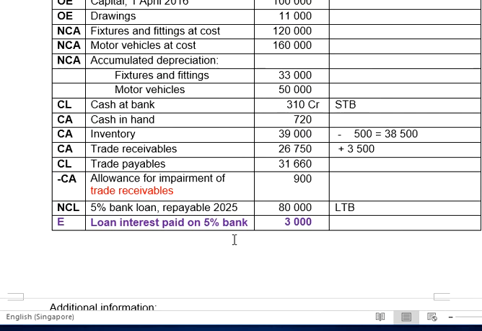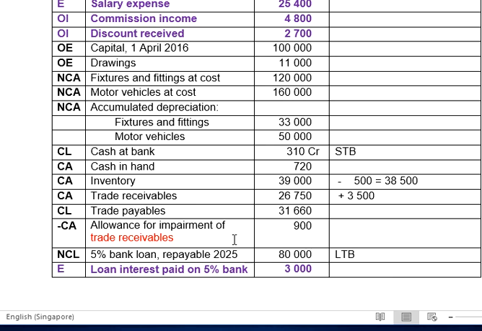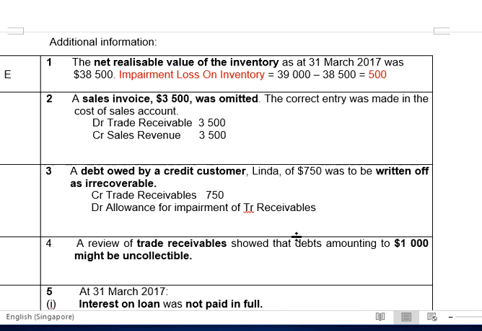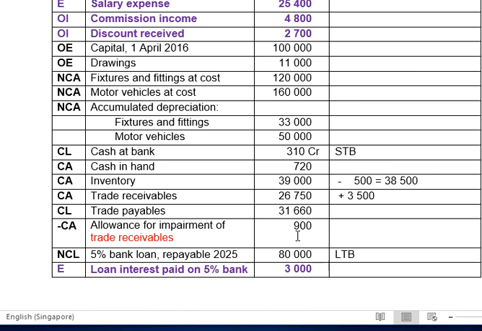Go up to trade receivables again, and since the customer cannot pay you $750, you will minus off $750 from trade receivables. Go to allowance. A provision for allowance of impairment of trade receivable had already been made last year, and since this customer cannot pay you, you will also minus off $750.